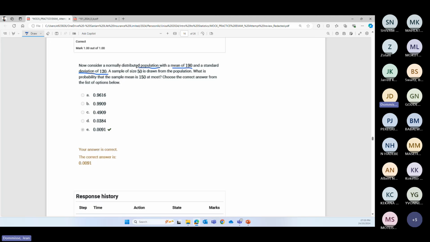So standard deviation is known, so we work with Z. Let's fill in the things that we already know: the mean of 190, we'll get the X, the standard deviation of 120, and the sample of 50. Unfortunately, not a nice one that we can square root.